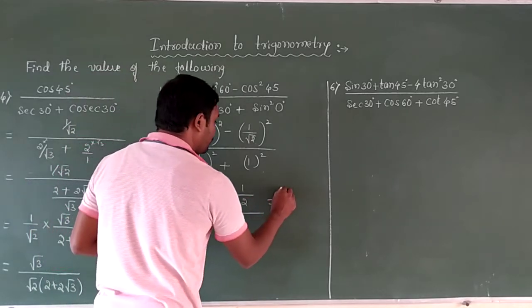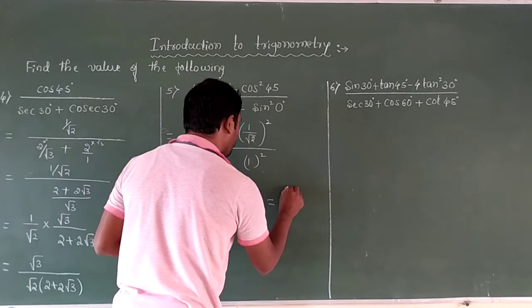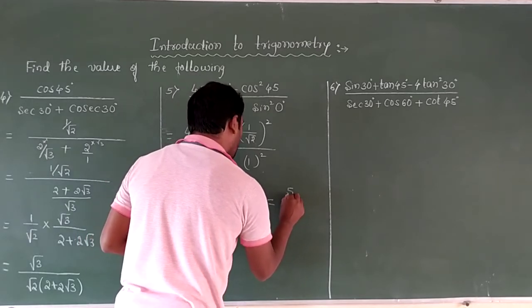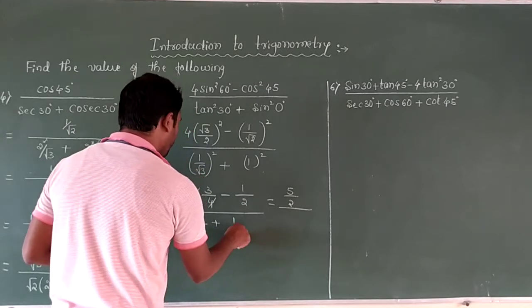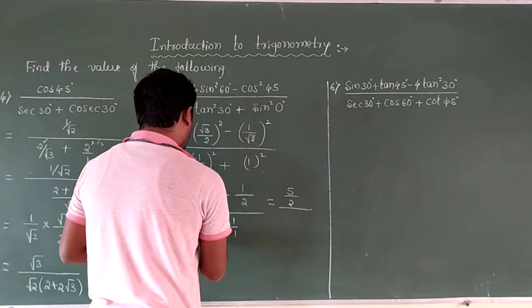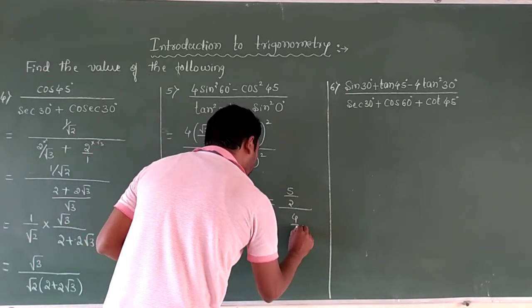2 3s are 6, 6 minus 1 is 5, 5 by 2 whole divided by, here LCM is 3, 3 1s are 3 plus 1 is 4, 4 divided by 3.